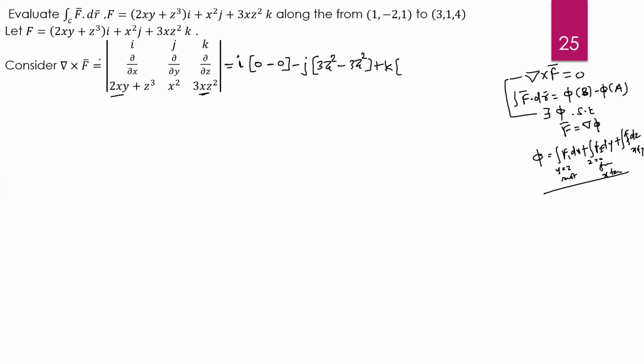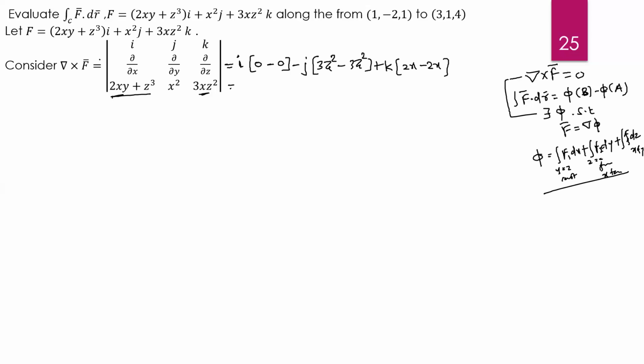Now last, the minor of k, deleting its row and column: the derivative of this term with respect to x, that is 2x, minus the derivative of this term with respect to y. 2x is constant, the derivative of y with respect to y is 1, and 2x is multiplied by the 1, plus the derivative of z cube, which is 0.